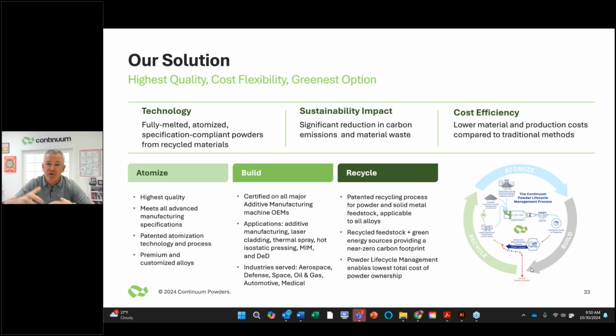That's then used in any one of the advanced manufacturing applications that we've talked about today, typically laser powder bed, but also applicable to DED, MIM, any of the spray like laser cladding, flame spray, and also HIPing applications, all of which require massive amounts of powders. That's the build step, if you will.